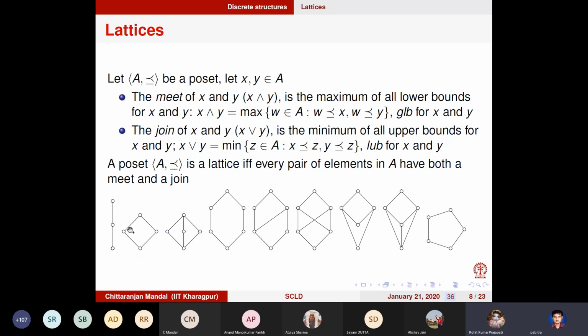For the second structure, this rhombus kind of structure. So any chain is a lattice, exactly. You take any chain, you can close your eyes and say it's always a lattice. If you take this rhombus kind of structure, is it a lattice? Yes, sir.